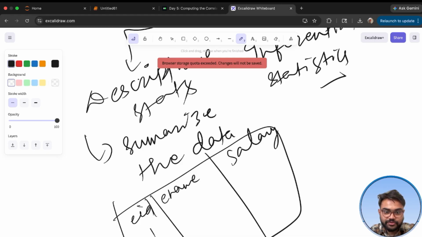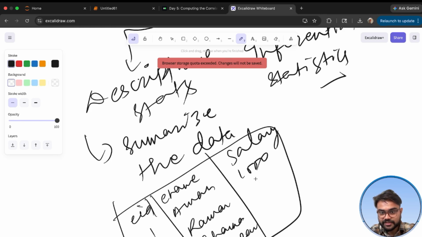ID would be 1, 2, 3, 4. Name would be Aman, Raman, Chaman, and after that Pawan. And salary would be 1000, 2000, 3000, and 4000.